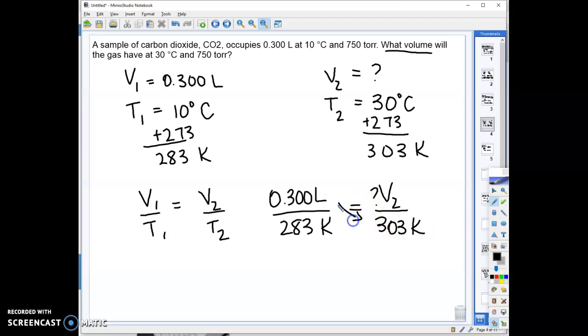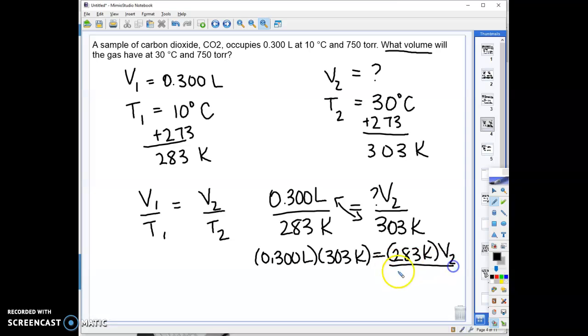Again, I cross multiply. I divide both sides by 283 K to get the volume by itself. Notice that these will cancel out here.